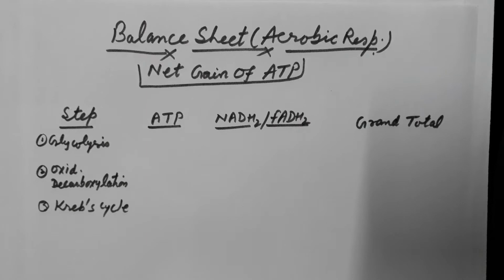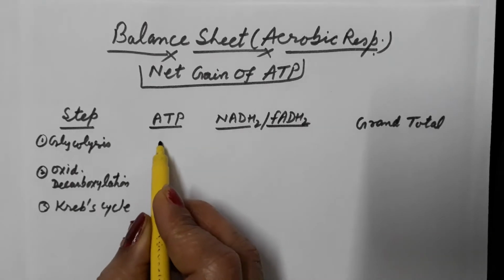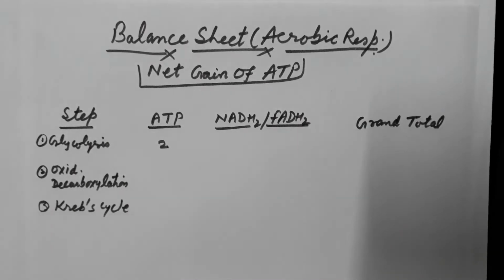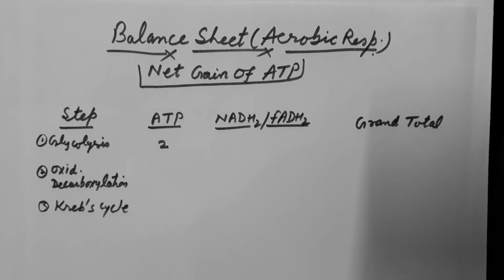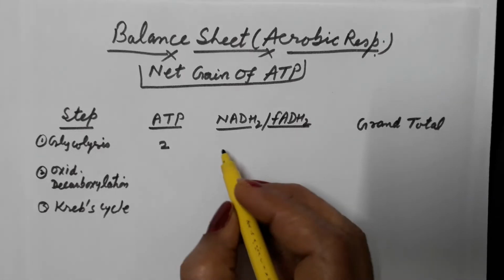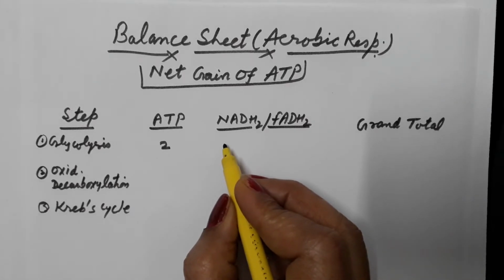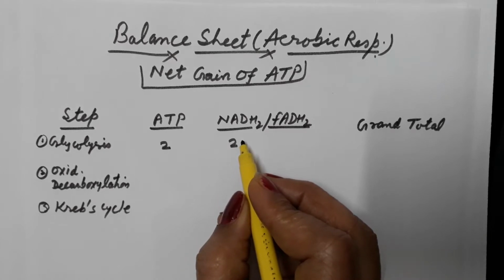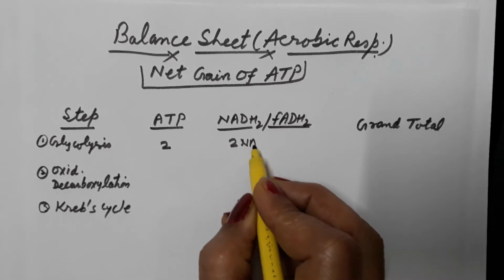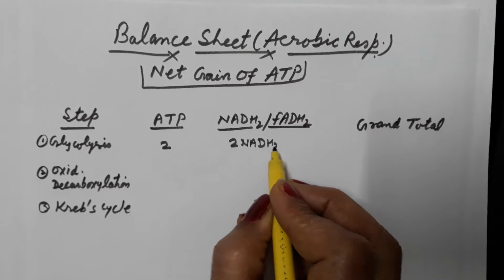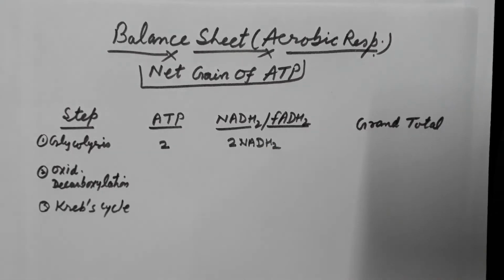There is a net gain of 2 ATP molecules in the glycolysis process, and there is a net gain of 2 NADH2 molecules in glycolysis. 1 NADH2 gives rise to 3 ATP.